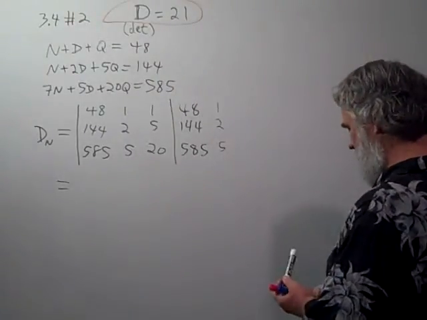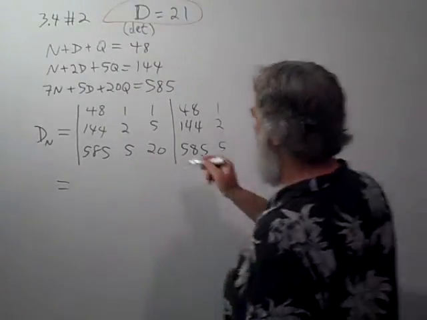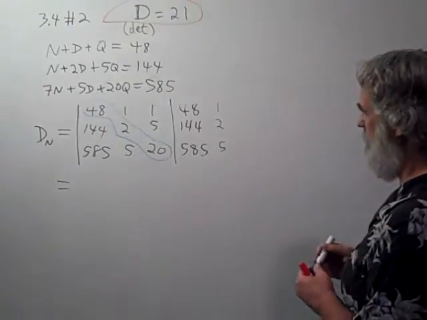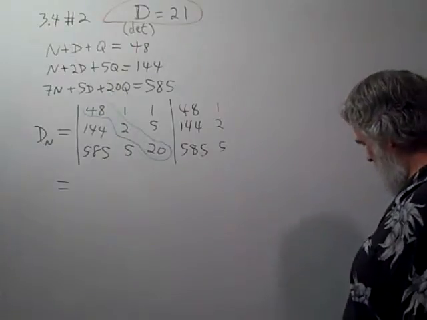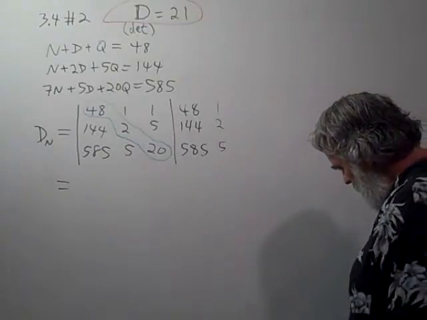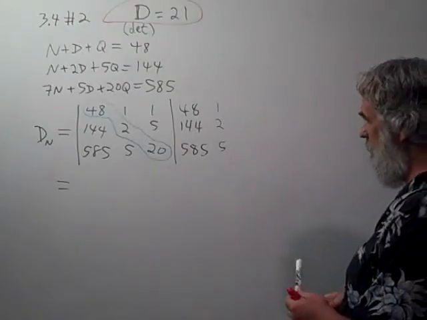Multiplying down the diagonals. We have 48 times 2 times 20. That's the same as 48 times 40, which is 1,920.